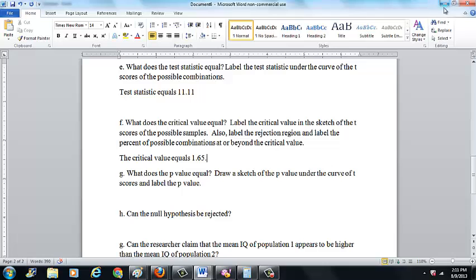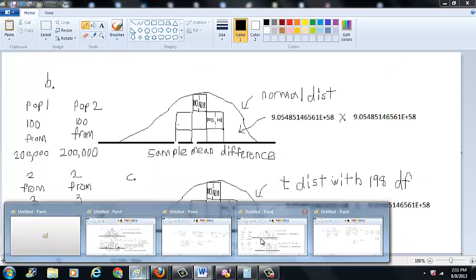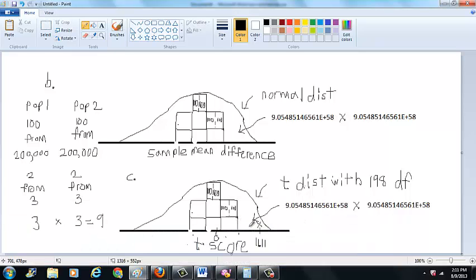We can label the critical value in our sketch. 1.65 is somewhere up here above 0.